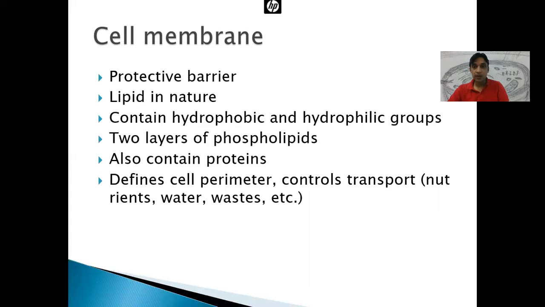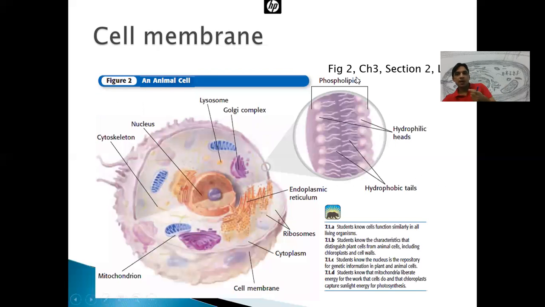Okay. So let's see the structure of those molecules like lipids and proteins, which contribute to making cell membranes. As I told you, it is made up of two layers of lipids. That is why it is called the bilayer. Let me switch to the writing mode.